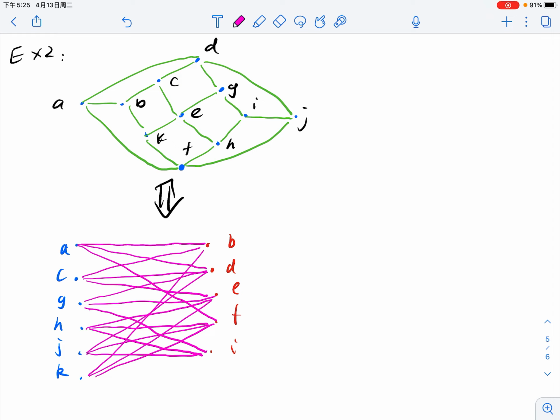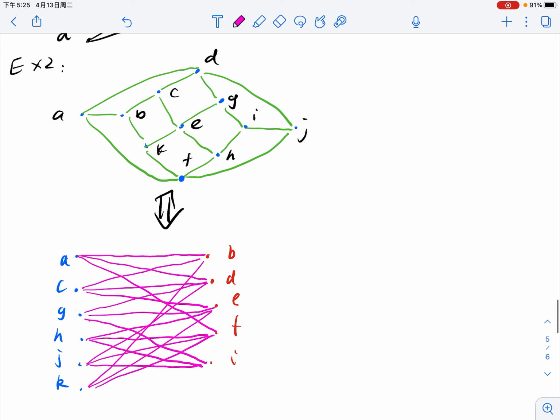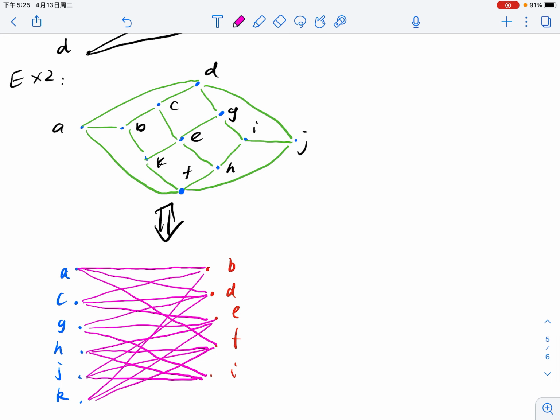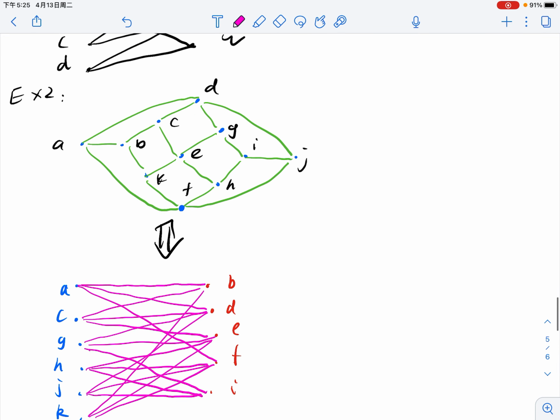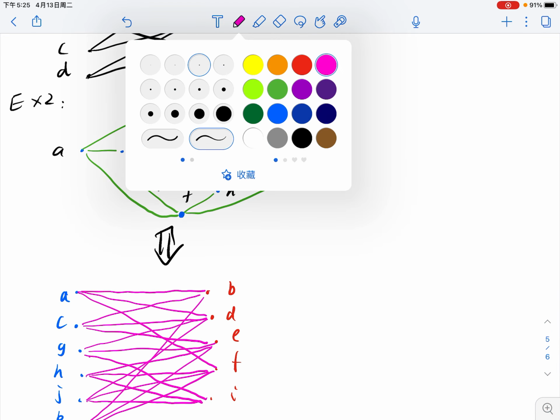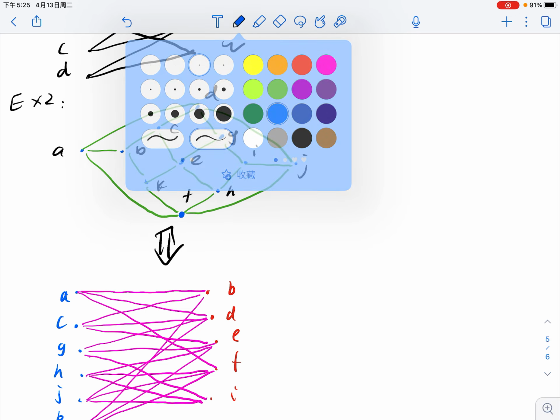So you have a balance. If you choose to show the bipartition, then you have messy edges. If you want to make the edges clean, then you miss the information of the bipartition. Okay. So another way to do this, I guess, is you can just circle them.